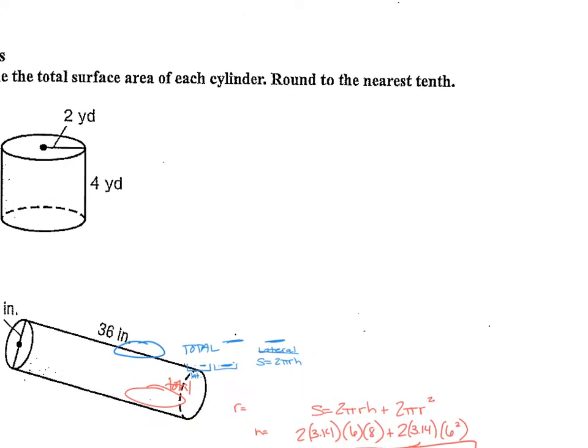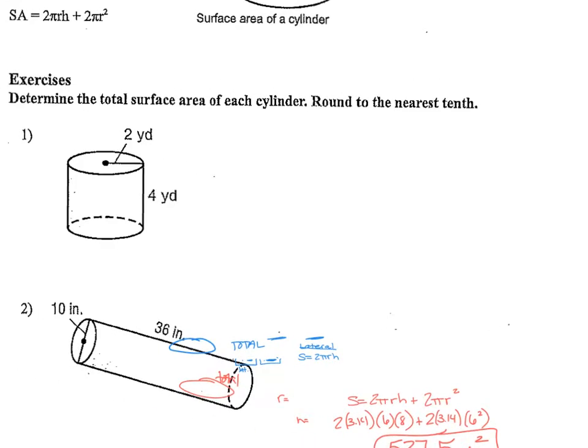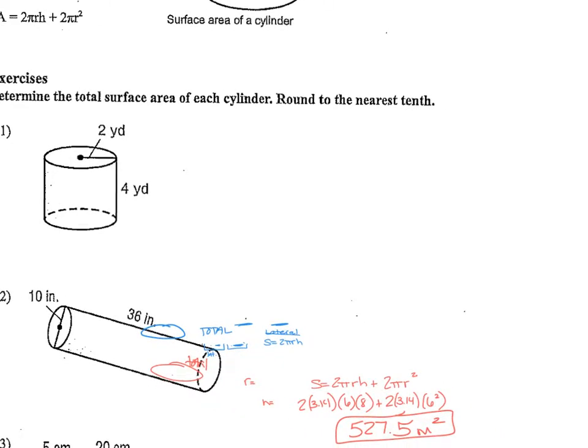I know that pi is 3.14. My radius on this first one, they gave me the radius, it's 2, times the height, or how tall the whole can is, so 4, plus 2 times 3.14 times 2 squared. This is kind of easy. 75.36, so we'll round it to 75.4 yards squared.